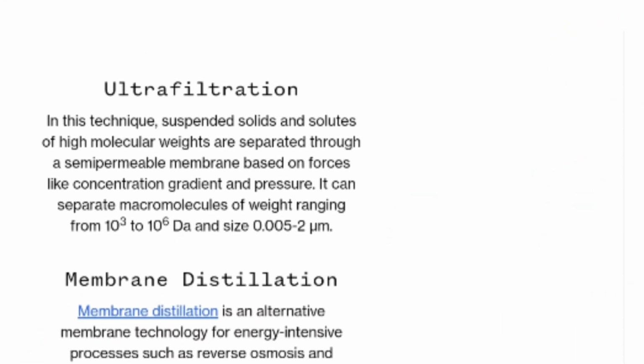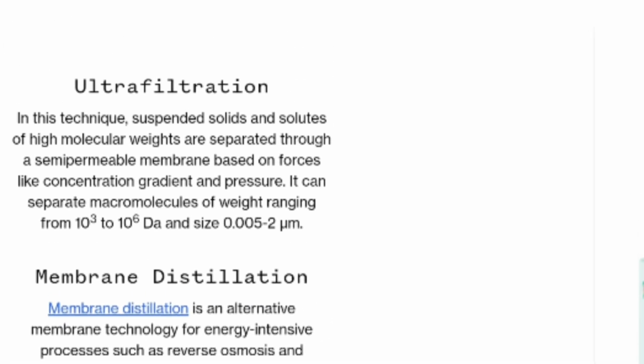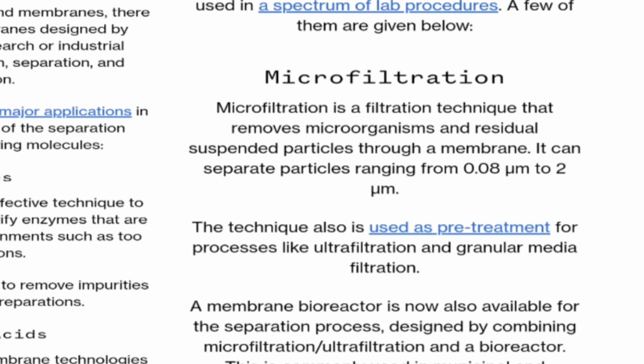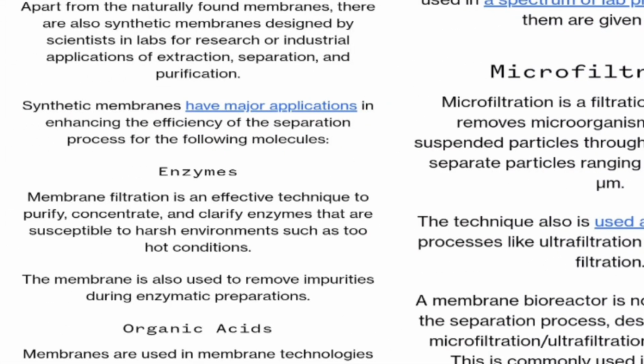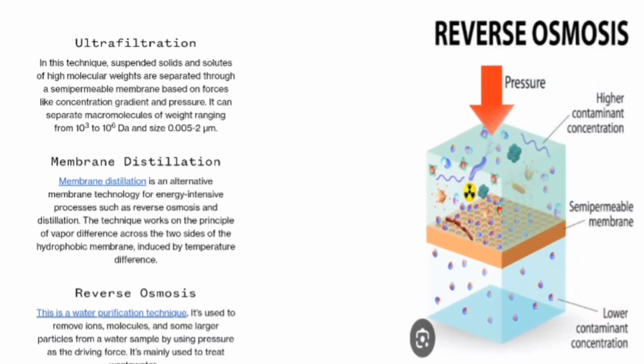This technique separates suspended solids and solids of high molecular weight through a semi-permeable membrane based on forces like concentration gradient and pressure. Take notes. It is very important that you know the applications of artificial membrane, and they are: one, microfiltration; two, use in enzyme and organic acid purification. These are them. Then another important application is in ultrafiltration.